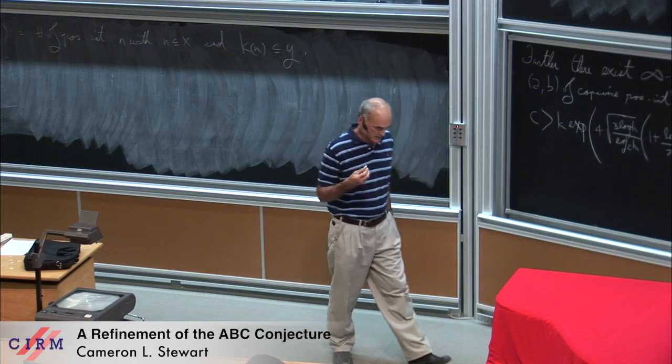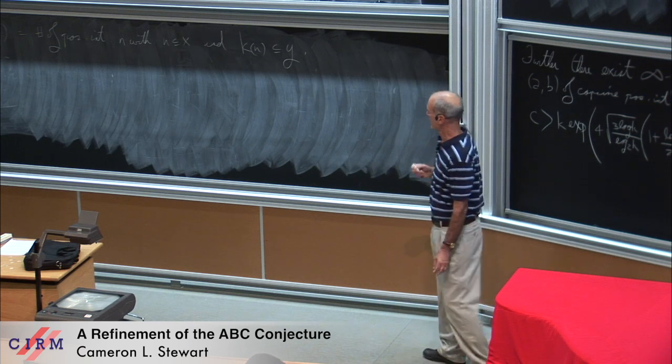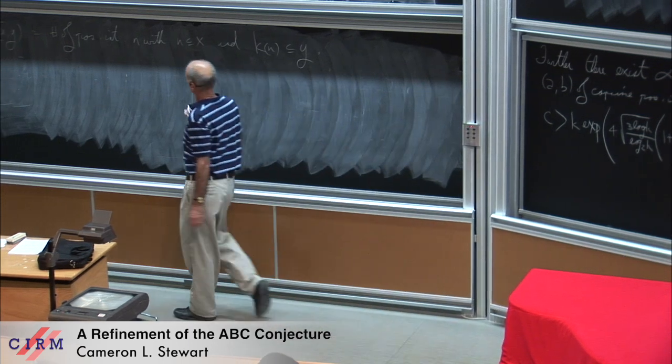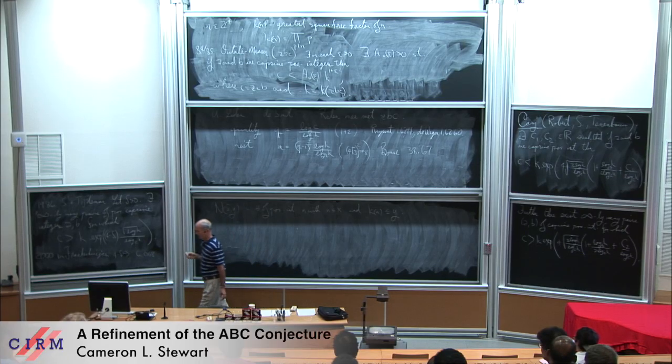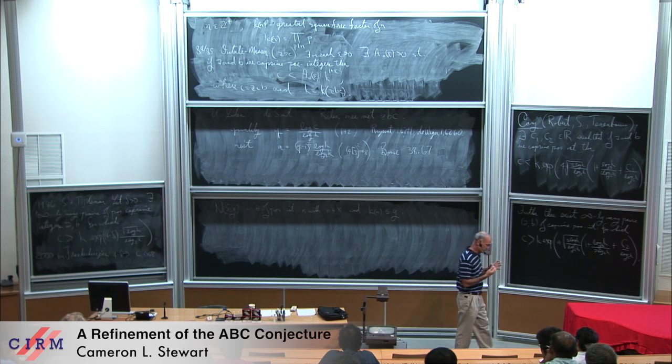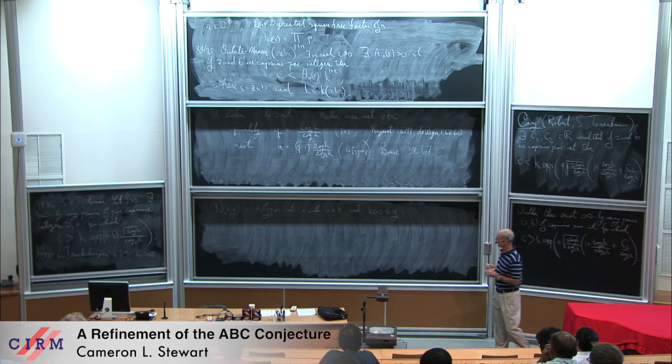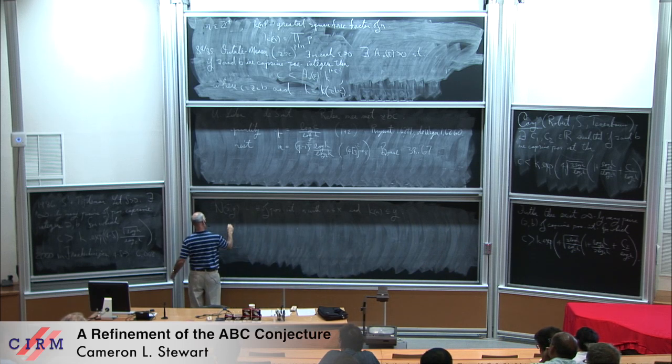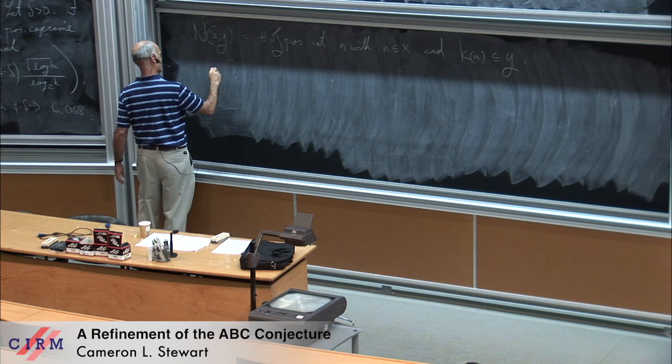So technically, it's much more difficult to analyze this function, and everything one would want to know about the behavior of this function has been determined in an absolutely magnificent paper, a real tour de force of Robert and Tenenbaum, where they used the saddle point method to really get a handle on how N(x,y) behaves.